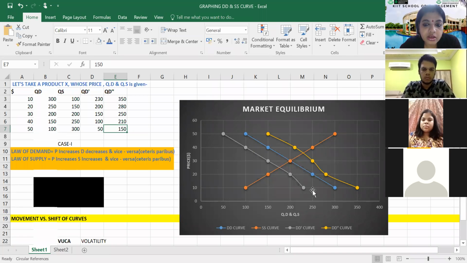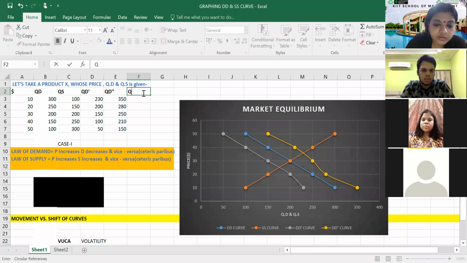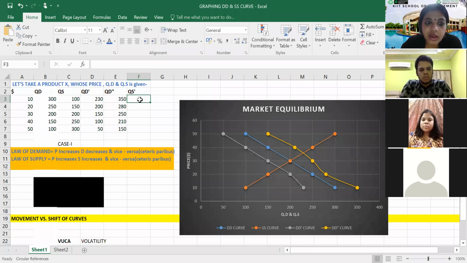And now, here we have not changed supply, but if you want to change the supply part, you can also work on that. If supply changes, you can enter your data with the new supply. Are you getting it? Let me ask: can you help me out? What should be the value of the supply in this condition?